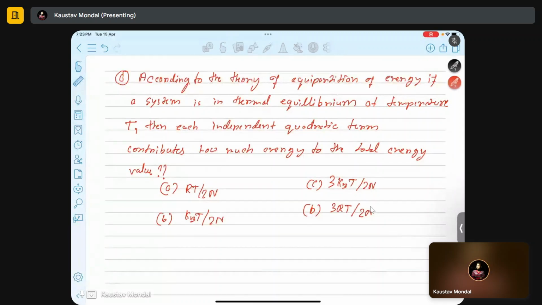So we have half kBT, that is already established. But in the options there is no half kBT given, right? So we have to rearrange the terms in such a way that it will match one of these four options given in the problem.